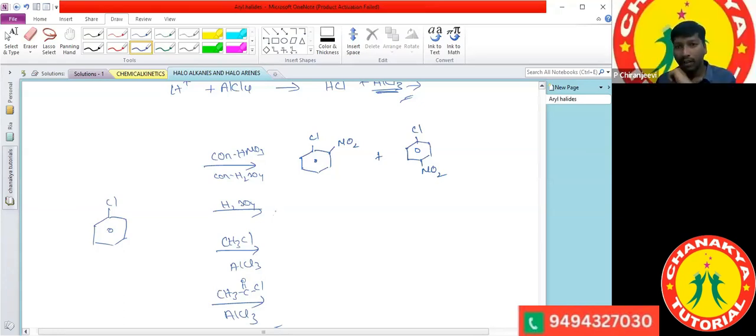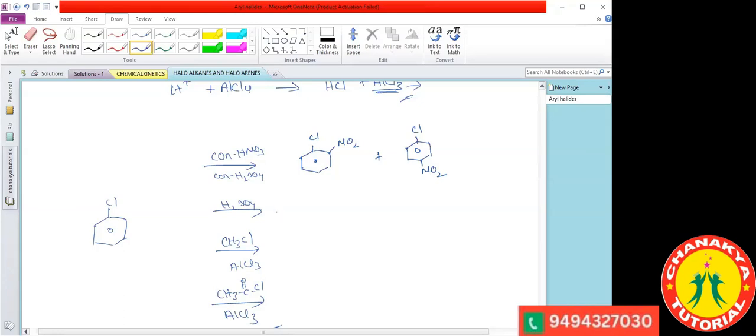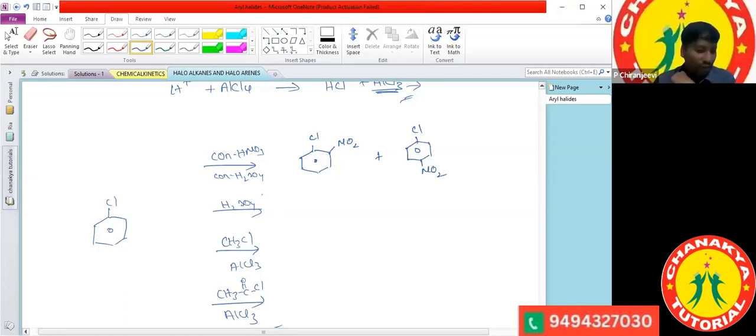I am asking about the electrophile. Electrophiles have a positive charge. So in sulfuric acid, what is the electrophile? SO3H plus is the electrophile in sulfuric acid.